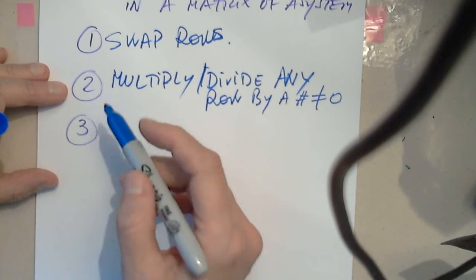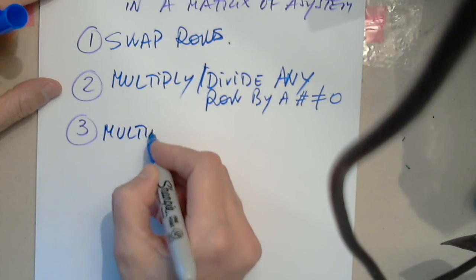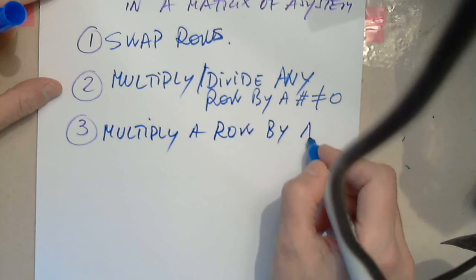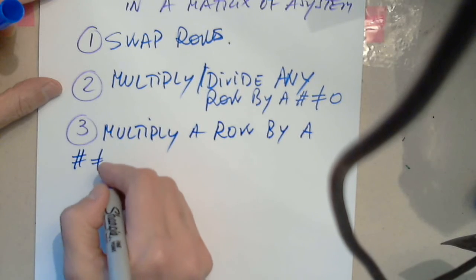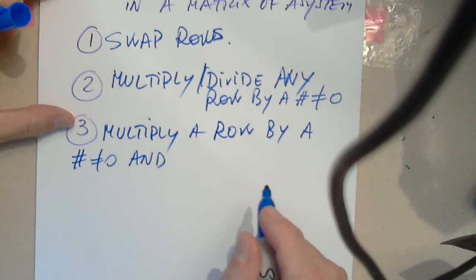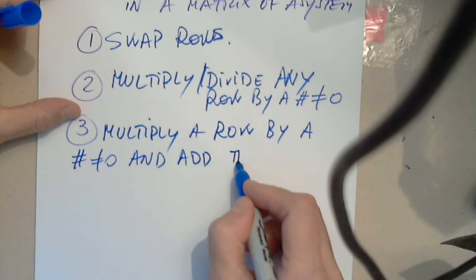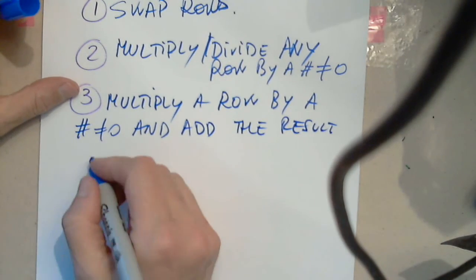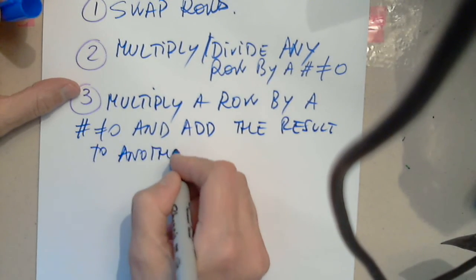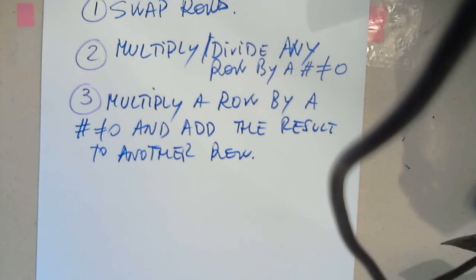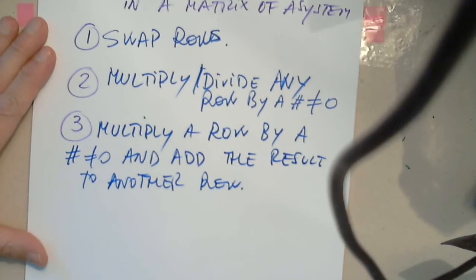And the last one is multiply a row by a number that is not 0, and at the same time, same operation, add the result, like we did with elimination, to another row. So these are the only 3 operations that we are allowed to perform, and you'll see the sequence.